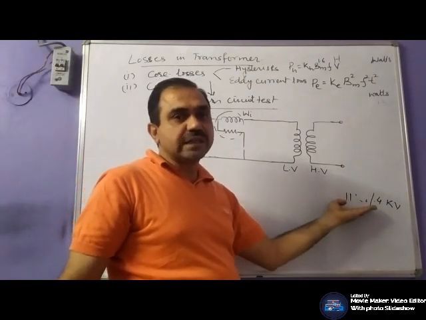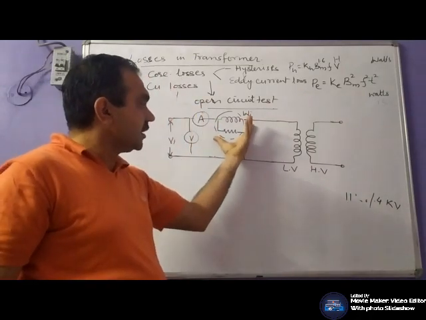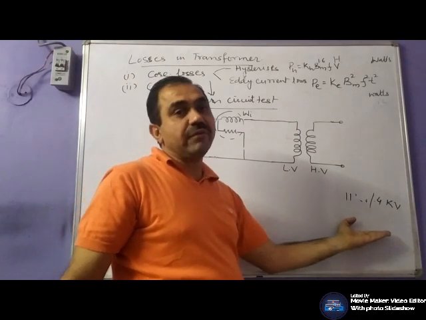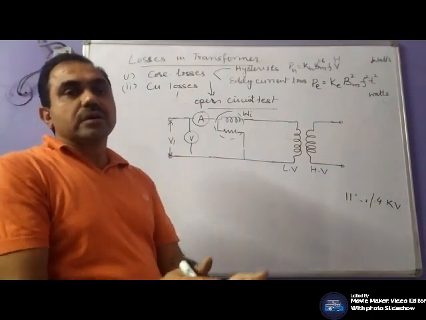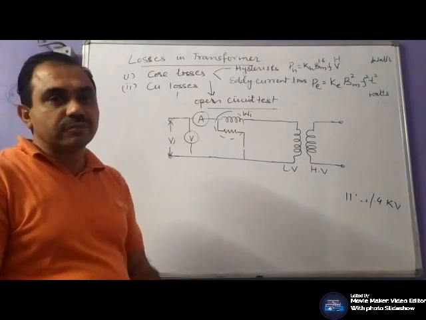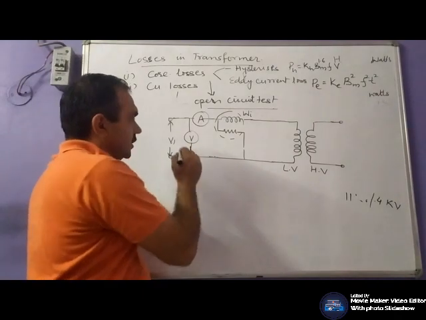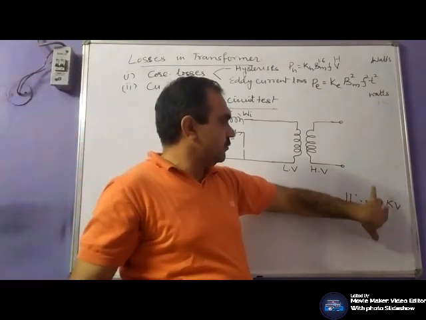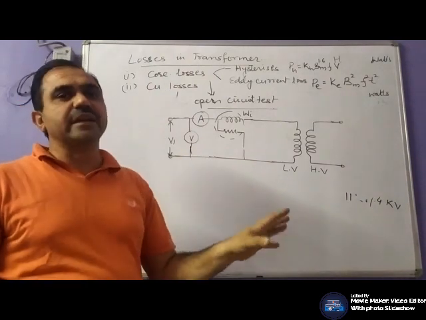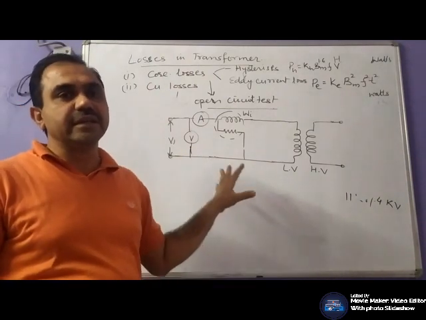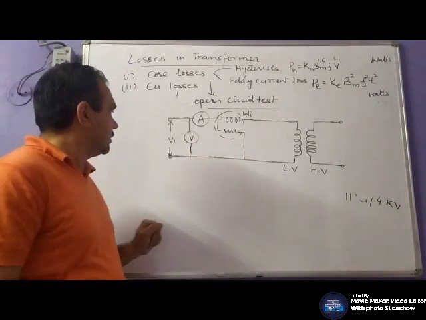If you perform this test on the high voltage side, you would require a wattmeter with a rating of 11 kV, or you have to connect a current transformer and potential transformer to reduce the rating. If the test is performed on the low voltage side, the equipment ratings become lesser. That's why this test is performed on the low voltage side.